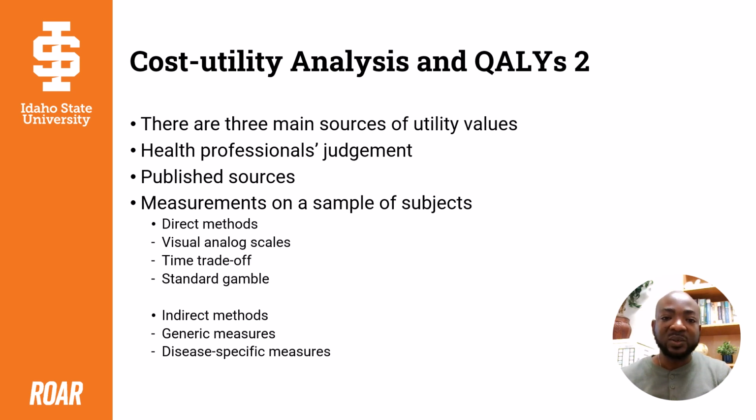They are given a choice between staying in that health state, that is having chronic lung disease, or taking a gamble where one possible outcome is perfect health and the other possible outcome is death. Respondents are asked what probability of the better outcome would make them indifferent between remaining in the described health state of chronic lung disease or taking the gamble.